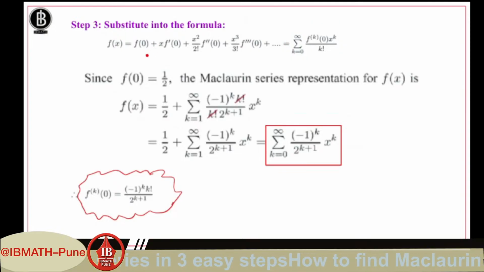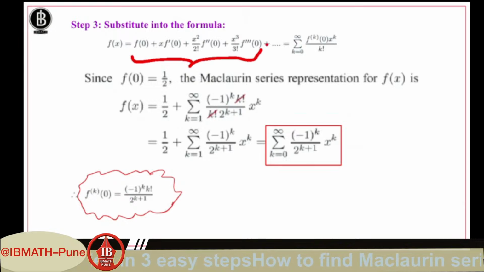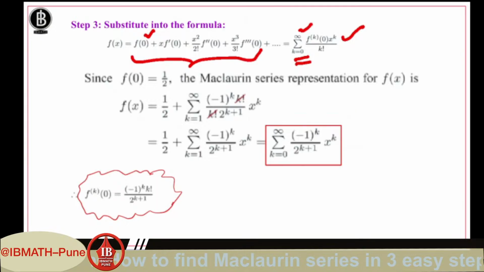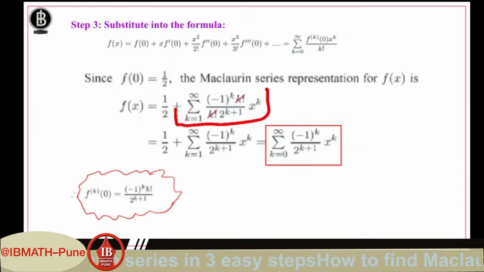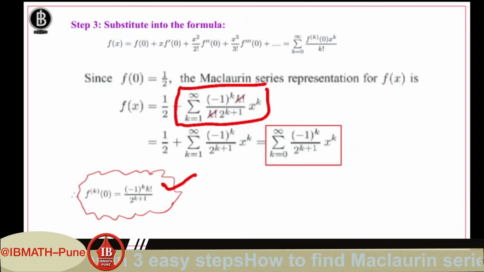So look here, all these are represented by the sigma notation. But remember that it is starting from 0 to infinity, including f of 0. Always like that. But here I am writing f of x is equal to 1 by 2 separately because it was f of 0. And this I am putting here because my answer was this f^k of 0. I have put it here just for your reference.